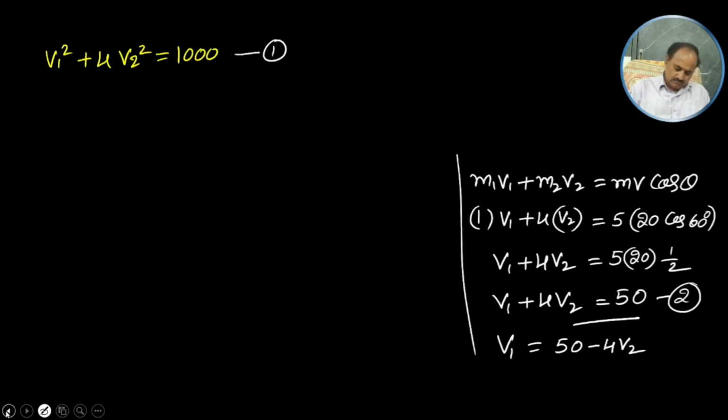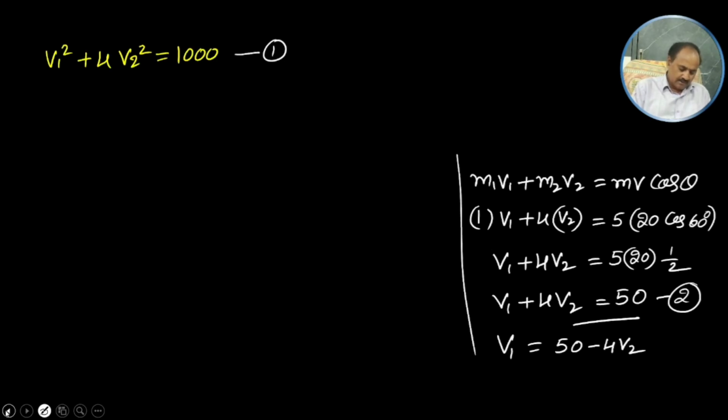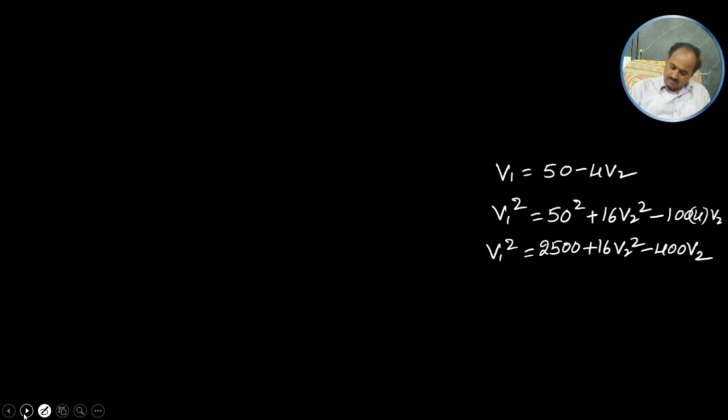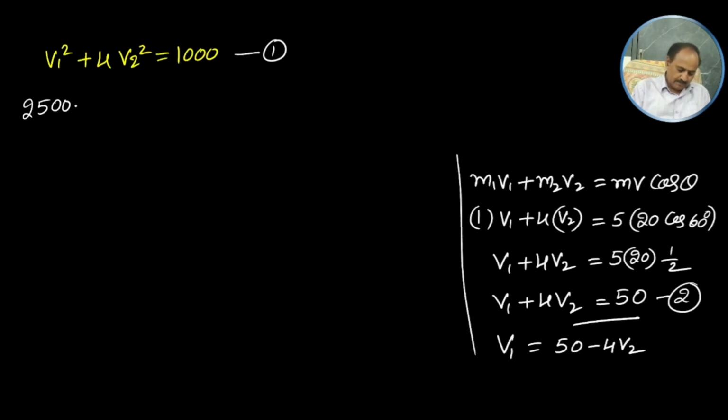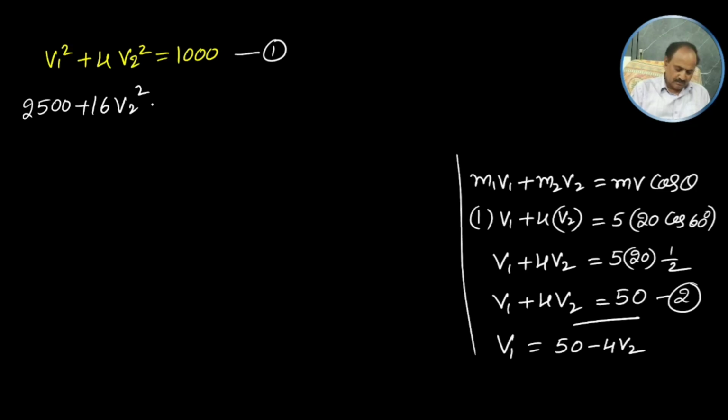Now the v1 square value is 2500 plus 16 v2 square minus 400 v2, plus 4 v2 square, equal to 1000.